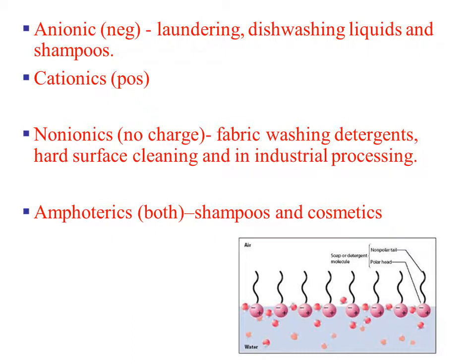Anionics are negatively charged, and cationics are positively charged. The anionics are used in laundering, dishwashing, and shampoos. Non-ionics have no charge. They are used in fabric washing detergents. And the amphoterics have both positive and negative charges. These are used in shampoos and cosmetics.